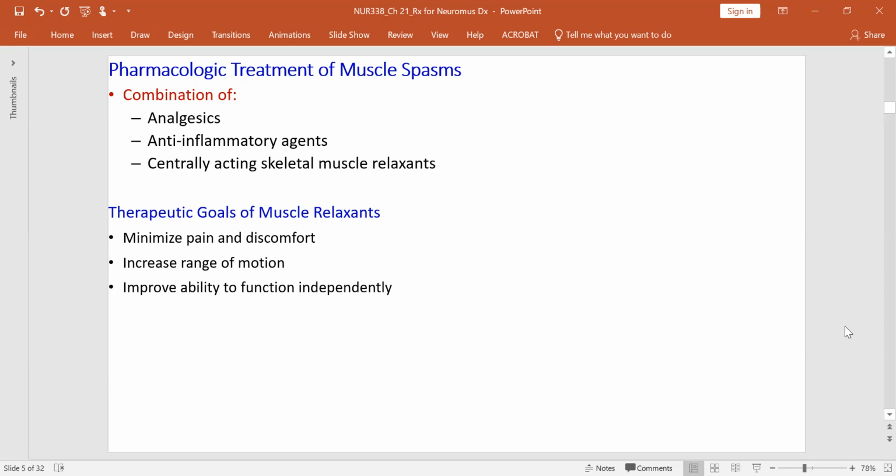The pharmacologic treatment of muscle spasm is, most of the time, a combination of analgesics with anti-inflammatory agents and centrally acting skeletal muscle relaxants. For more intense muscle spasms, most skeletal muscle relaxants relieve symptoms of muscular stiffness and rigidity due to muscular injury or degenerative disease, like multiple sclerosis, for example.